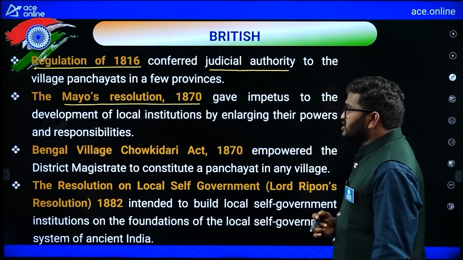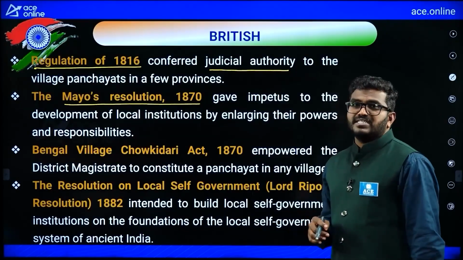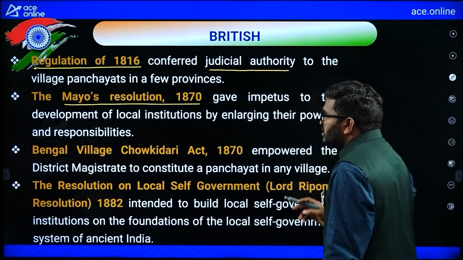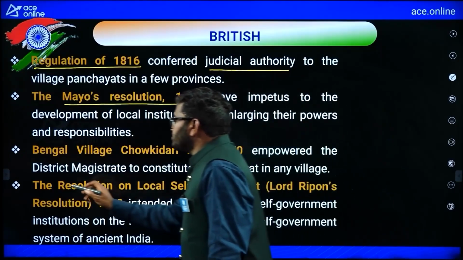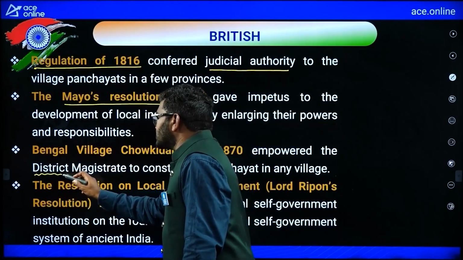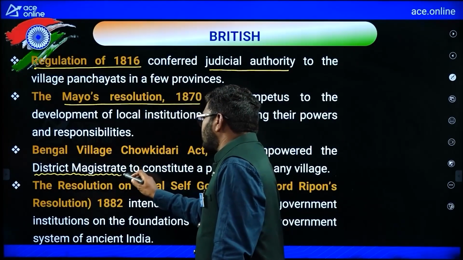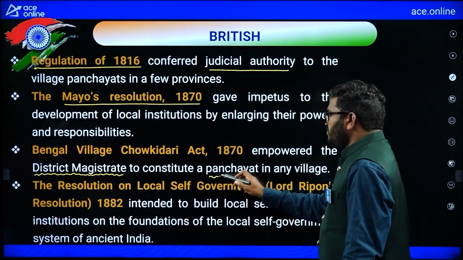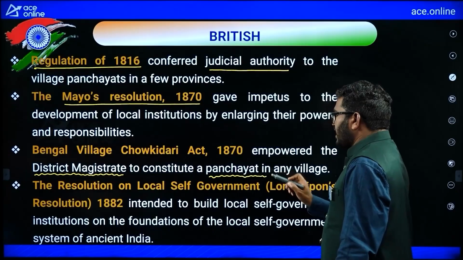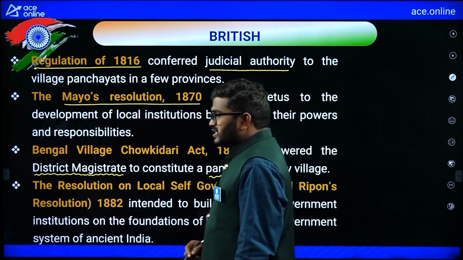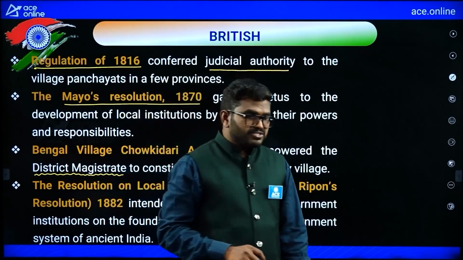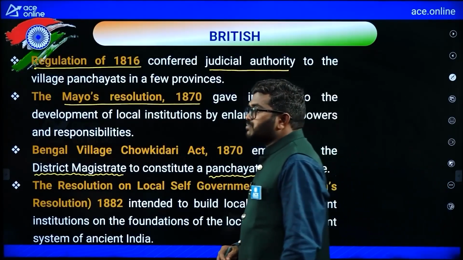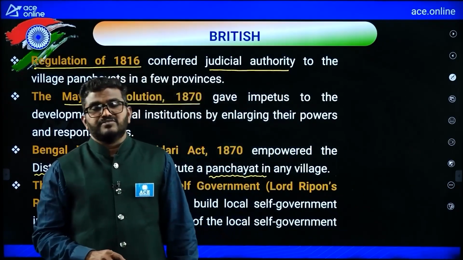Then the Bengal Village Chowkidar Act 1870 empowered the district magistrate, that means the collector, to constitute panchayats in the village. So the British government gave some powers to the district magistrate to conduct panchayat elections, and there must be a village panchayat in every village.